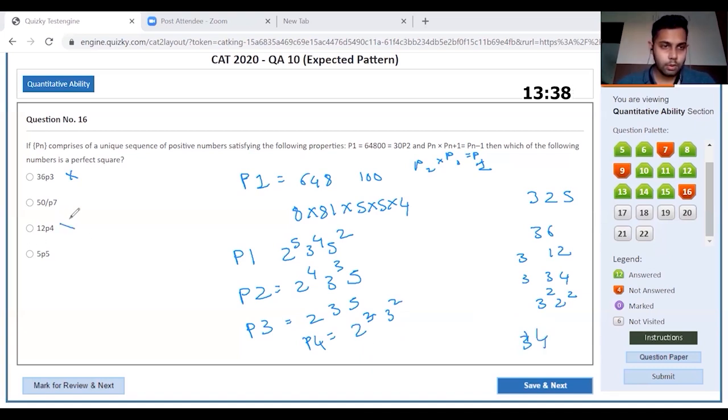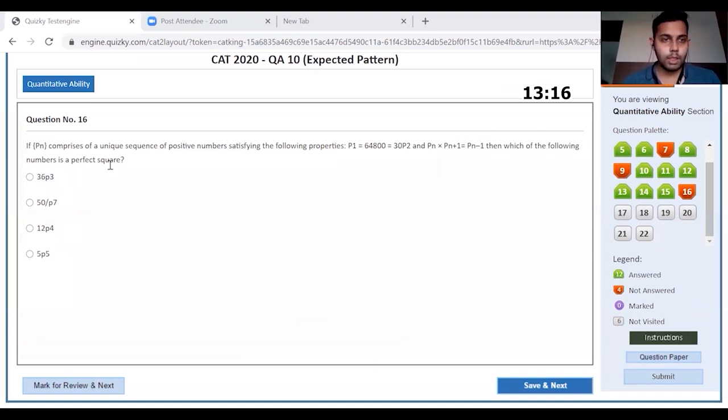So P4 is out. What is P5? P5 is equal to 2 to the power minus 2, 3 to the power minus 1 into 5, into 5. So 5 becomes a square, but this is still minus 1. So this is also not. So I won't waste a lot of time. If 3 are eliminated, my answer is automatically option B. And just put that and move ahead.